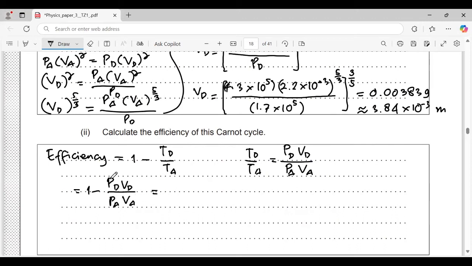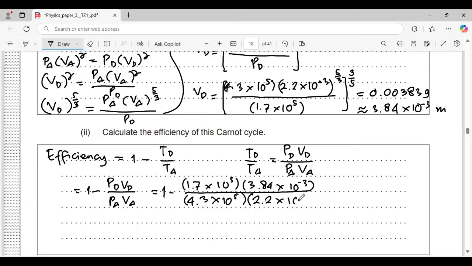Substitute the numbers: 1 minus, P_D is 1.7 times 10 power 5, V_D is 3.84 times 10 power minus 3, over 4.3 times 10 power 5 times 2.2 times 10 power minus 3.